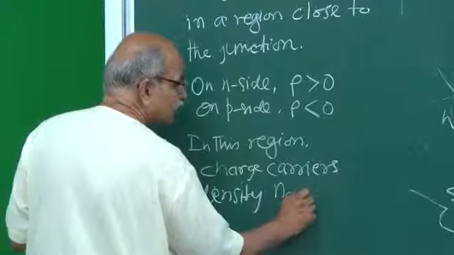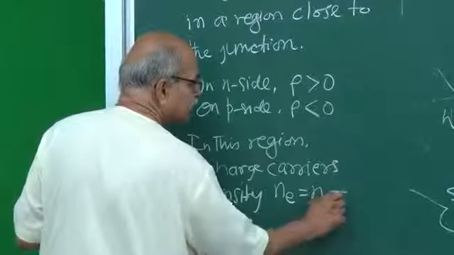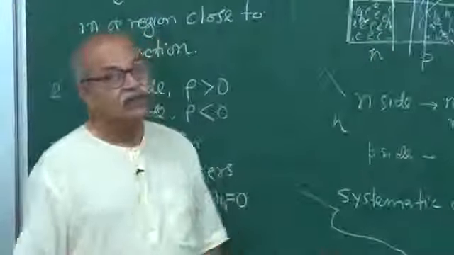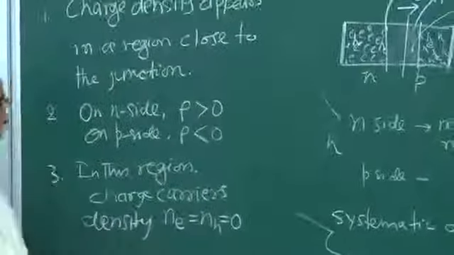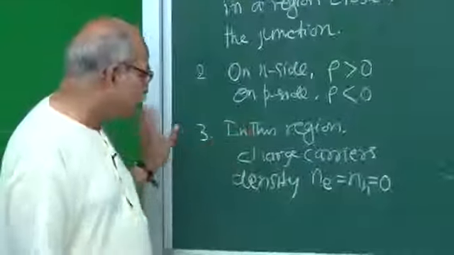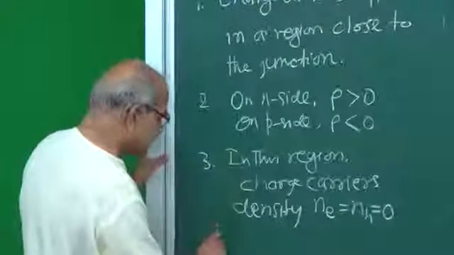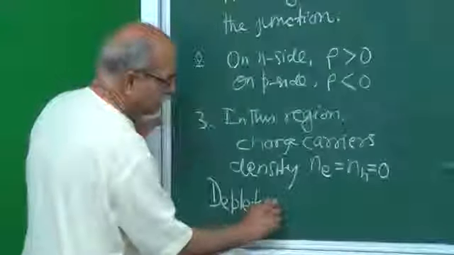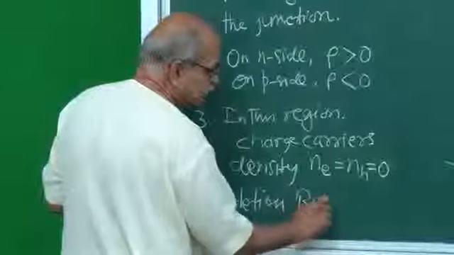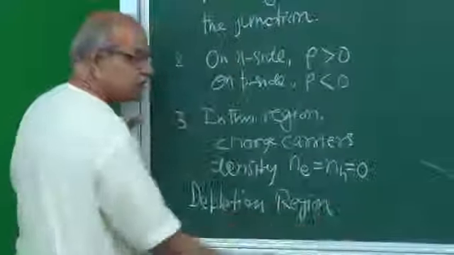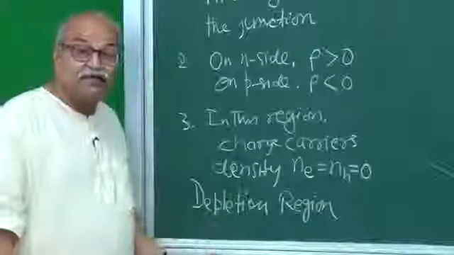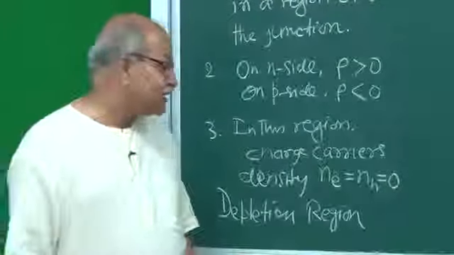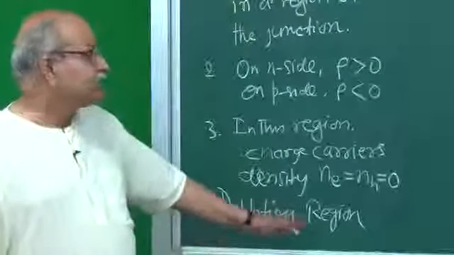Ne and Nh become 0 only in this region. Okay. So, this particular region is known as the depletion region. This is the region which is depleted of charge carriers. It does not have charge carriers. That is why it is known as the depletion region.